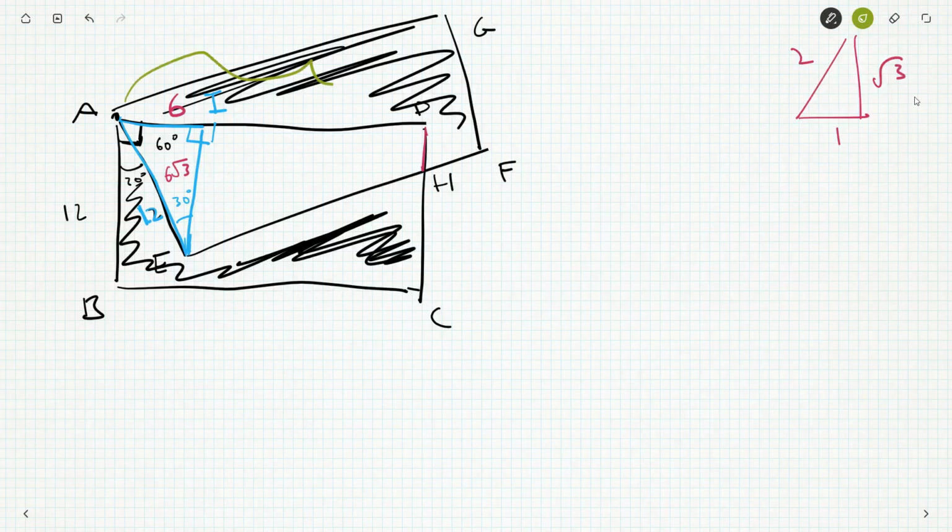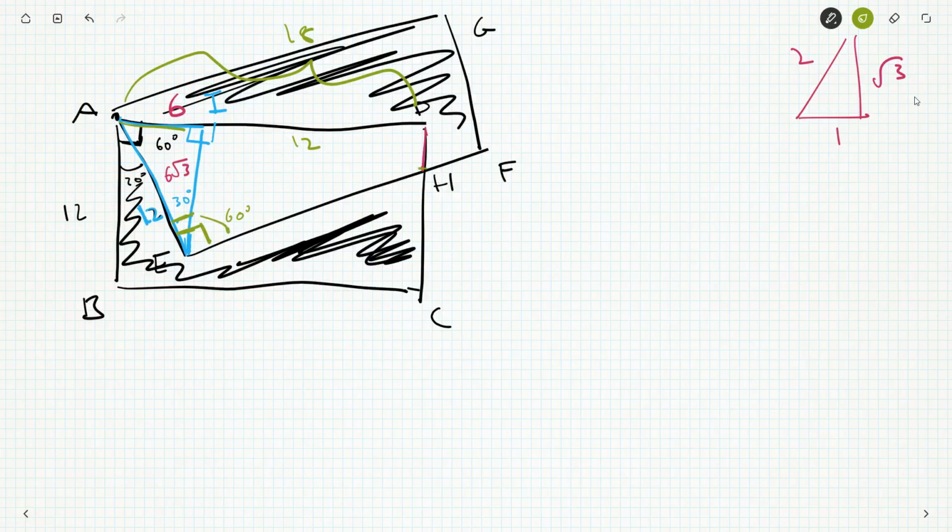What else could I do? Well, I know all of AD is 18, but I know AI is 6. That leaves 12 left over here. And what else? Well, it's a rectangle, so I guess I have a full 90 degrees here. And with the 30 taken for AI, I guess we have another 60 degrees here.